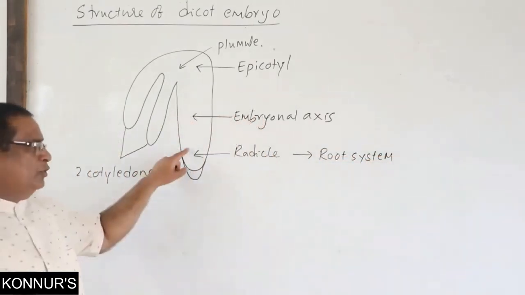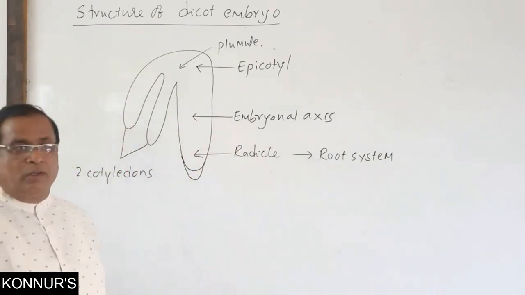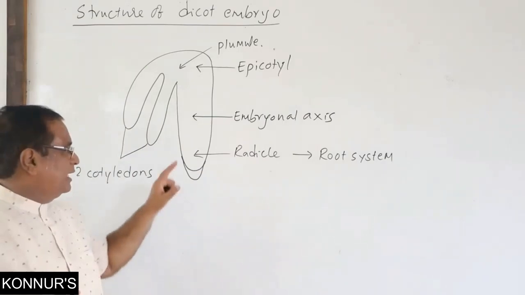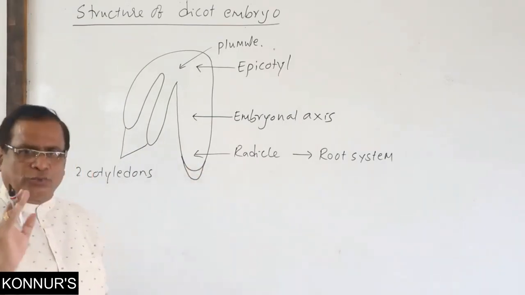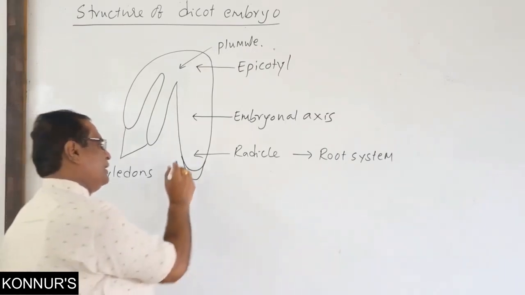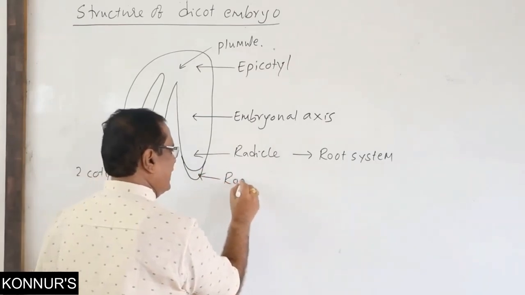The lower portion of embryonal axis beneath the position of cotyledons is named radicle, and this radicle gives rise to the root system, and it is covered by root cap.